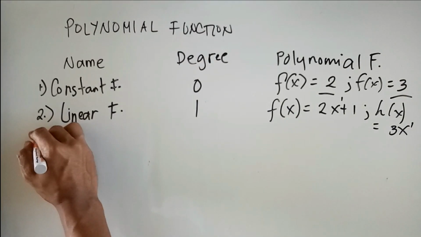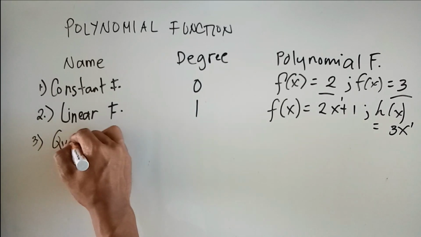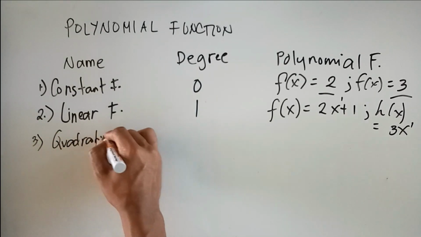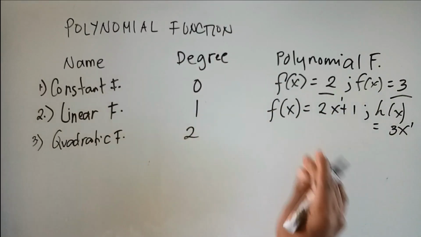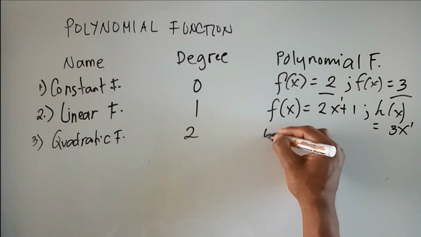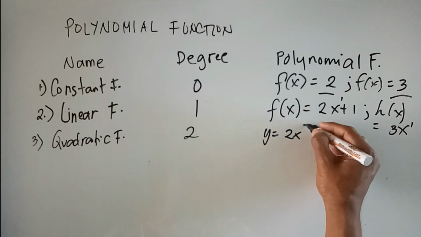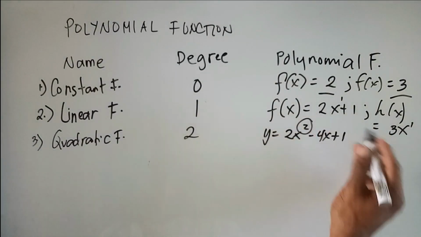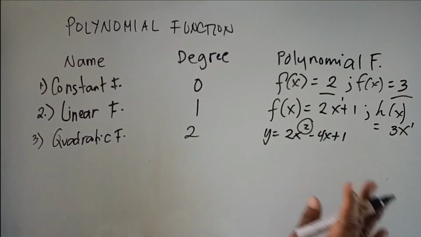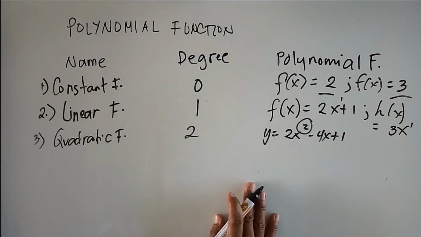Next, of course, we have quadratic functions, from your grade 9 level. The degree of that is 2, and an example is y = 2x squared minus 4x plus 1. As long as you can see a highest exponent of 2, that is automatically a quadratic function.